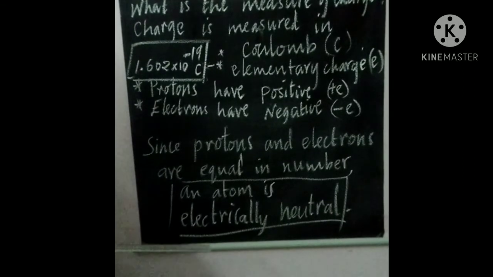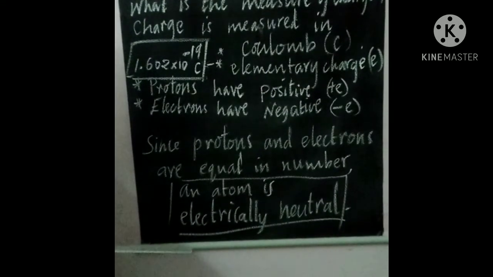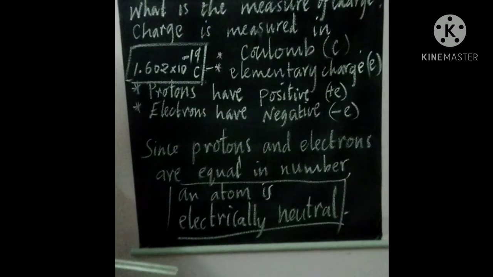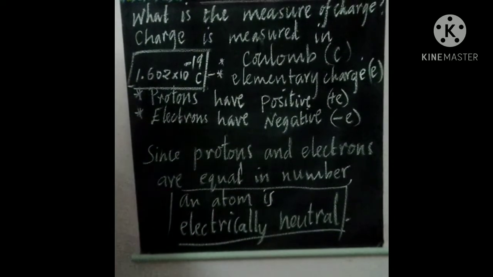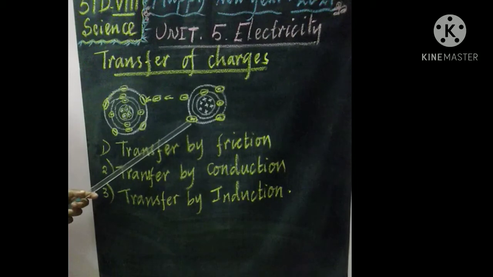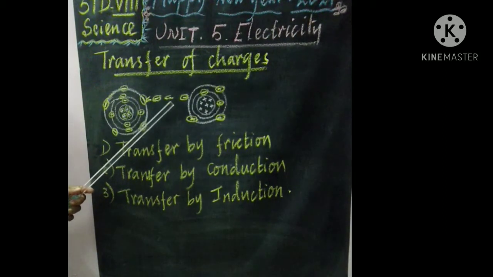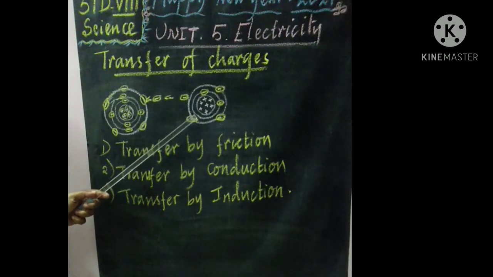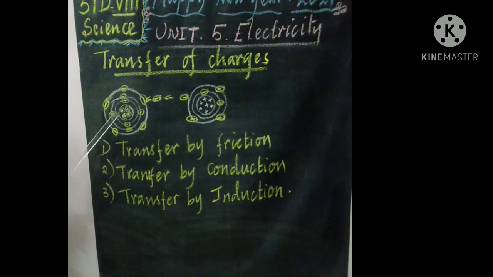Okay, but how are these charges formed in an atom, how do they get transferred, that we will see now. We know that electrons in the outermost shell can be removed easily. So, the substance which loses electrons will become positively charged, and the other substance which gains electrons will become negatively charged. This way, the transfer of charges takes place in the substances.